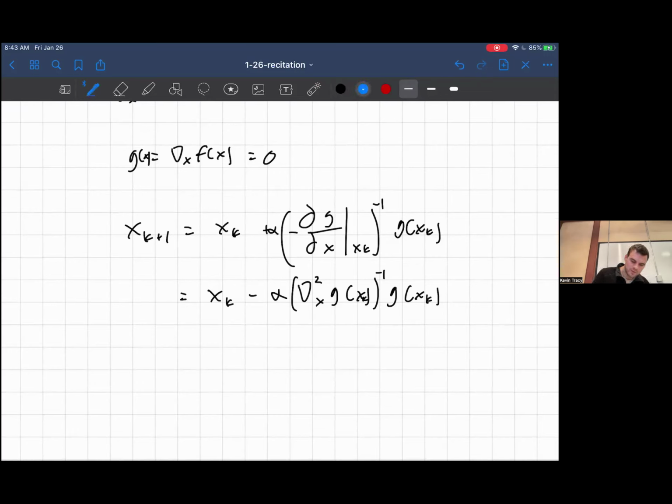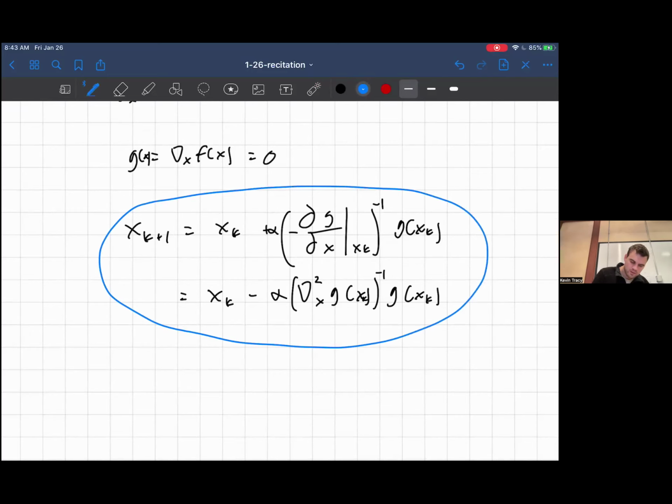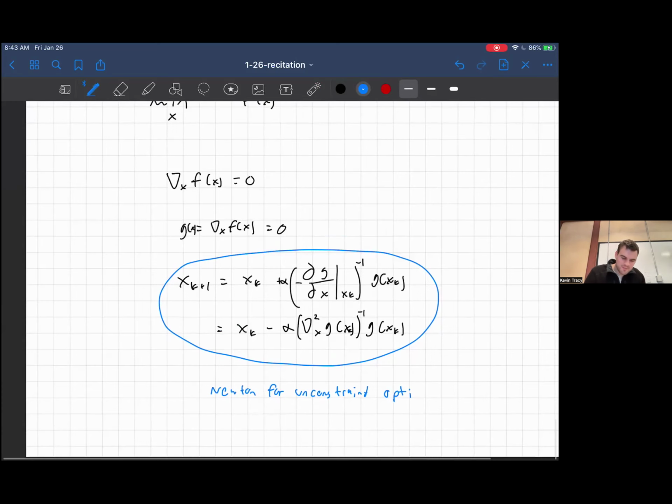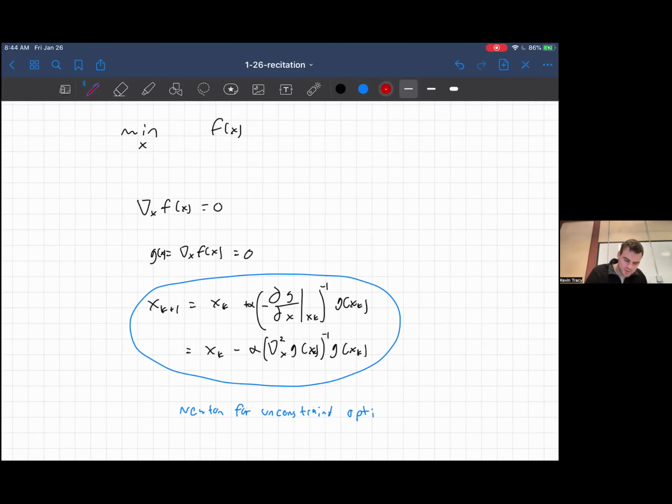So this is Newton's method for unconstrained optimization. I take my problem, look at the optimality condition, and then say that I want to set this thing equal to 0 using a root finding method.